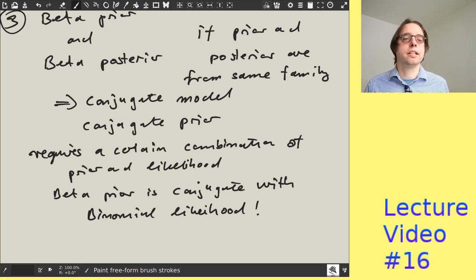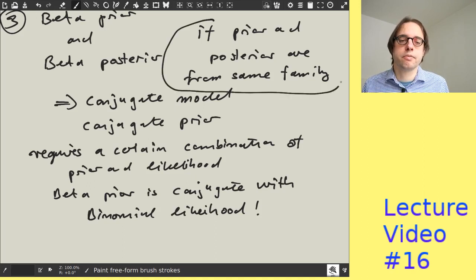You can say either the prior is conjugate, but then you also need to specify the likelihood, or you say the prior and the posterior are conjugate. In any case, this is a very special case. Posterior and prior are from the same family.